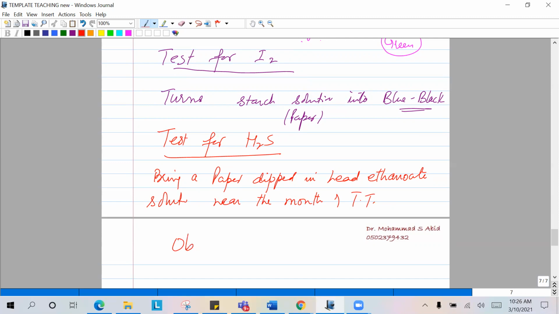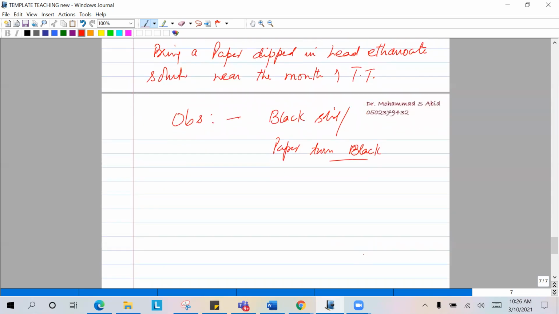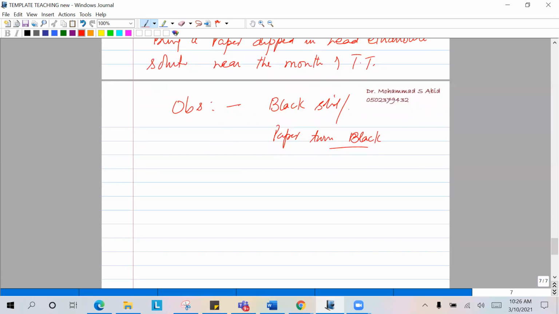Your observation would be the paper turns black, whatever you want to write. It's actually the lead ethanoate solution which was sticking on the paper that turns black. So a black solid or precipitate, whatever you want to write.